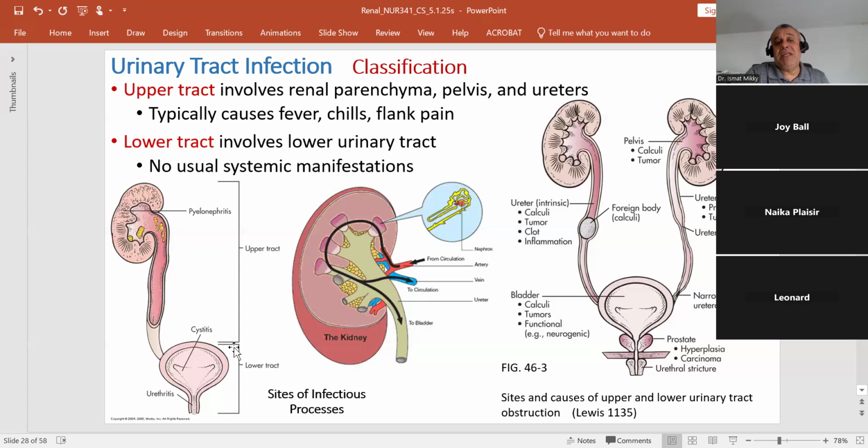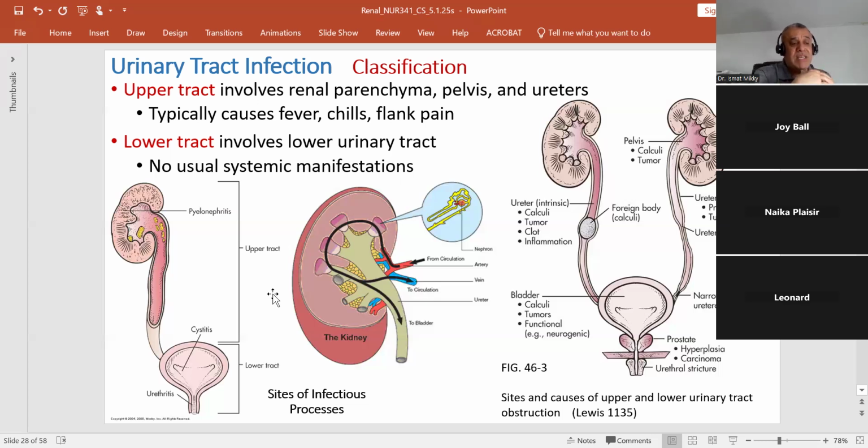So a patient who has developed cystitis, which is inflammation and infection of the bladder or urethra, that's lower UTI. So we have upper UTI. What would be a significant or hallmark manifestation that may differentiate the upper UTI from the lower UTI?